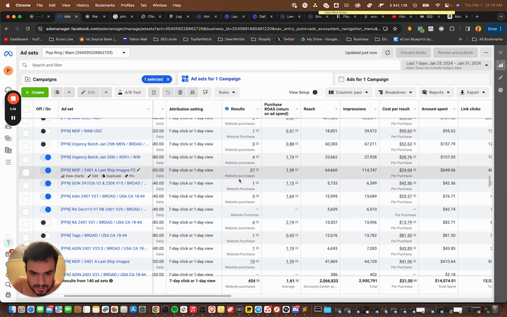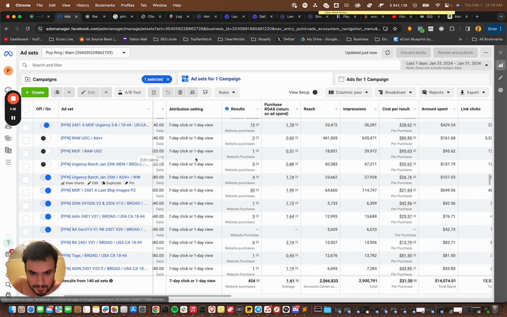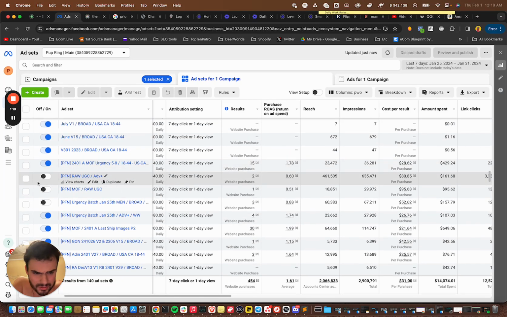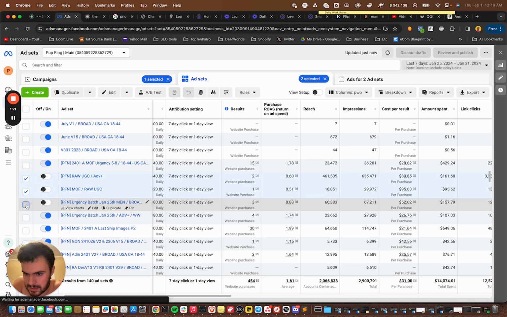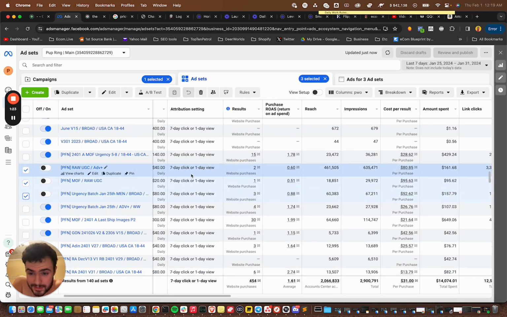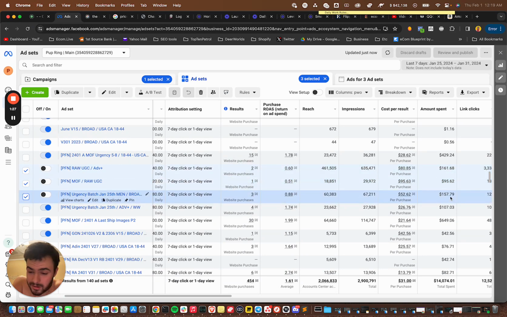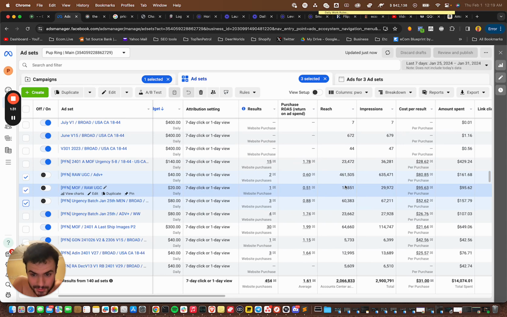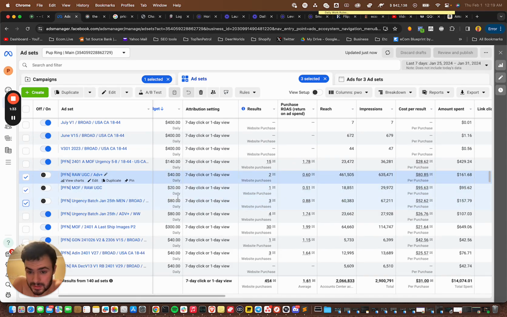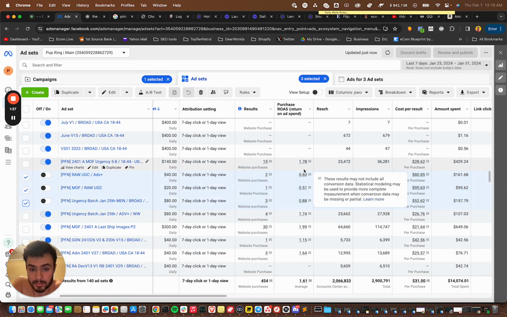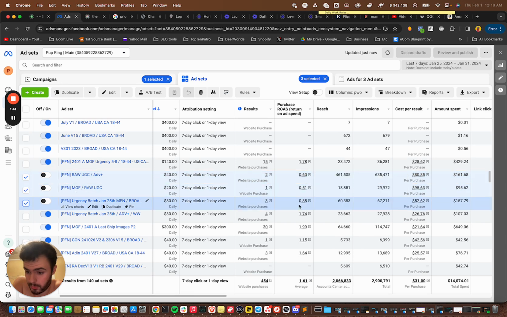So I'm looking here at the 7-day view, and we can see a few here that I turned off, right? So these 3 here that I turned off all had about $100 in spend, some a little bit more. But over this period, even though some of these I did increase budgets at one point, they ended up with a very low overall ROAS for me, right?